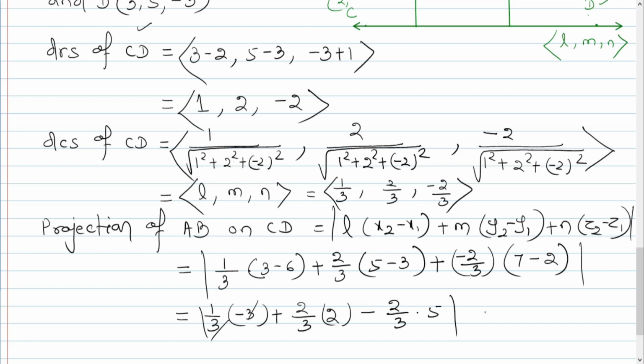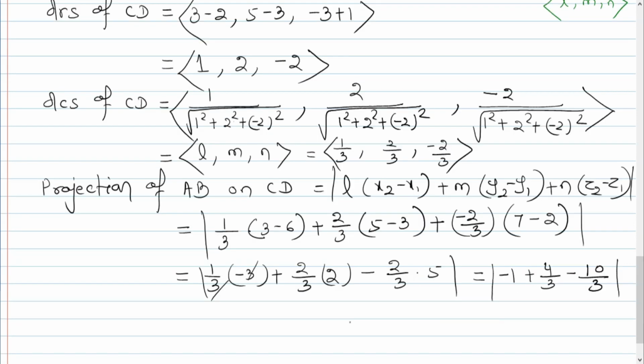So 3, 3 cancel: minus 1 plus 4 by 3 minus 10 by 3. Taking the LCM, that is minus 3 plus 4 minus 10 whole divided by 3, that is minus 9 by 3, which is nothing but modulus of minus 3, that is 3. Okay, this is the projection of AB.